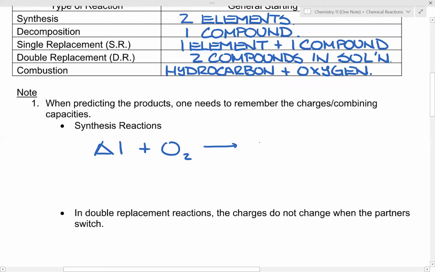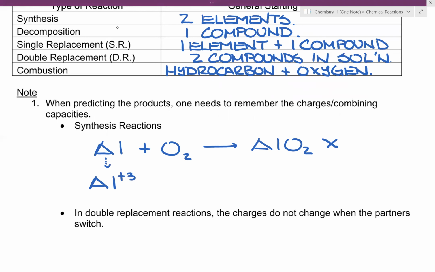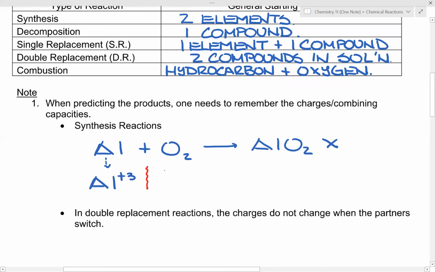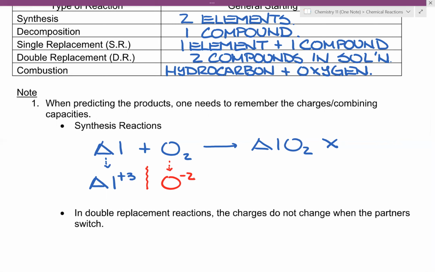Some people make this mistake: they go AlO2. But this is wrong. Why? You need to remember that aluminum, when it joins, has a charge of +3, while oxygen has a charge of -2, going back to chemical naming rules.